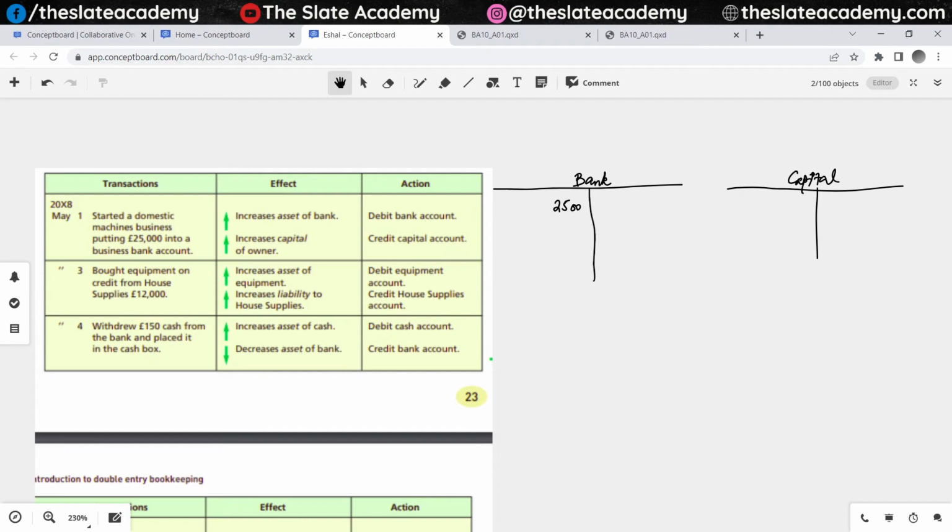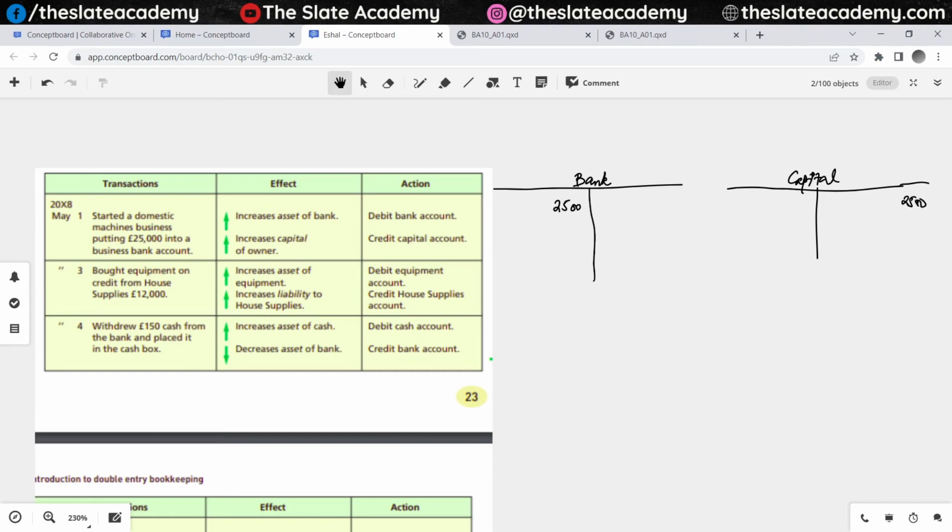And for the capital, what was the rule? Is the capital increasing or decreasing? Increasing, and is an increase in capital debited or credited? Credit. So I'll write on the credit side of the capital account 25,000.